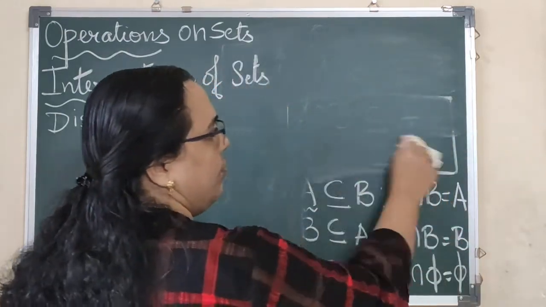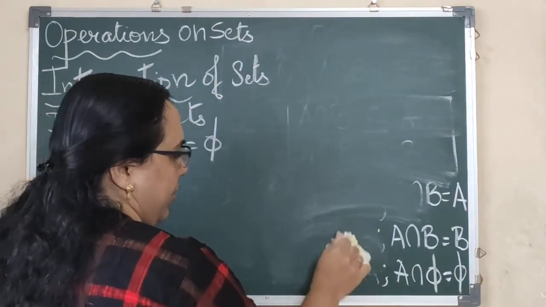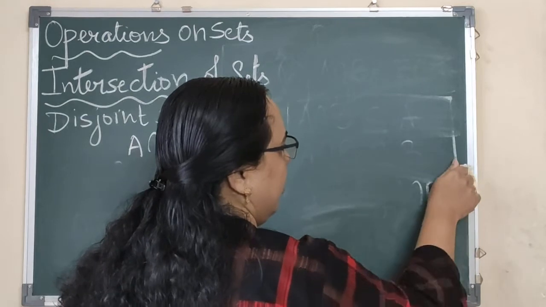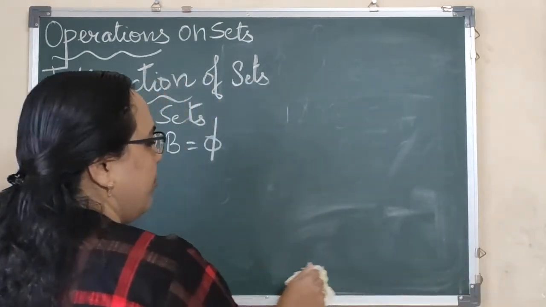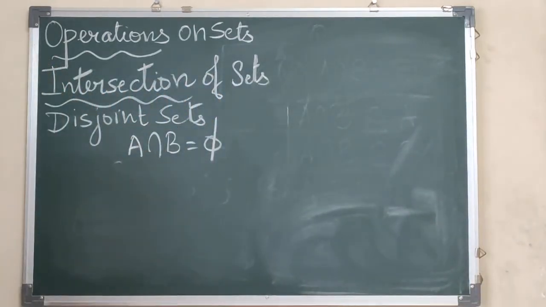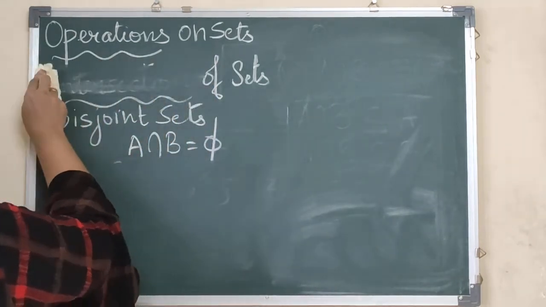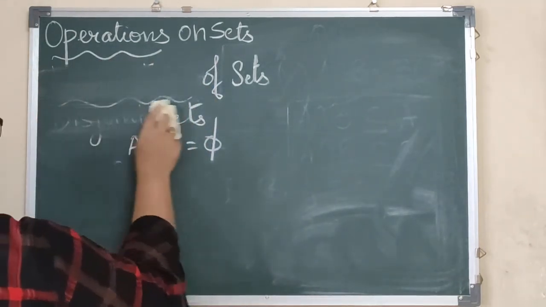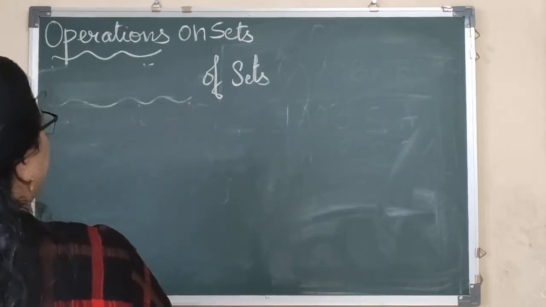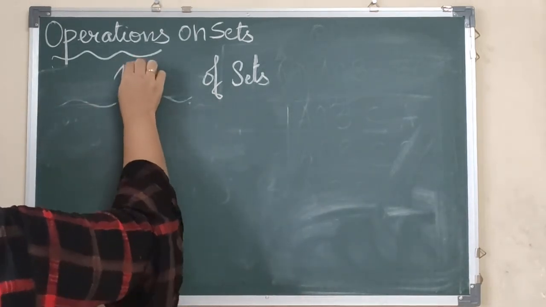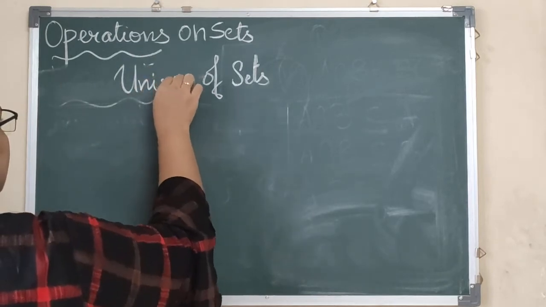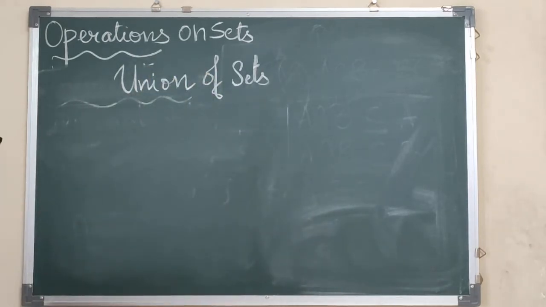Now we go further to see the next operation. What is the next operation we had? Correct. After intersection we have union of two sets. So intersection is common and union is nothing but combination.